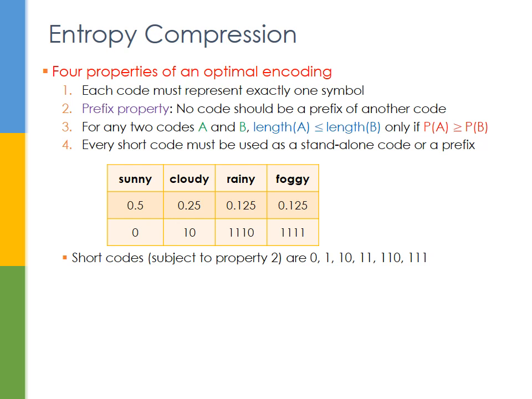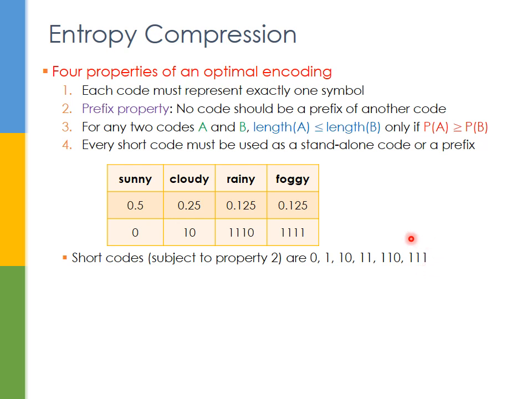It's also important to note that the short codes that we consider are all subject to property 2, which is the prefix property. So the short codes for this example that we need to consider are 0, 1, 10, 11, 110, and 111.